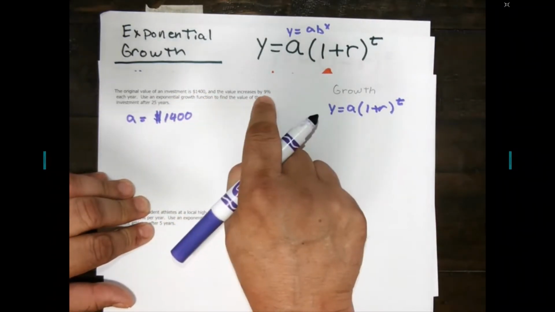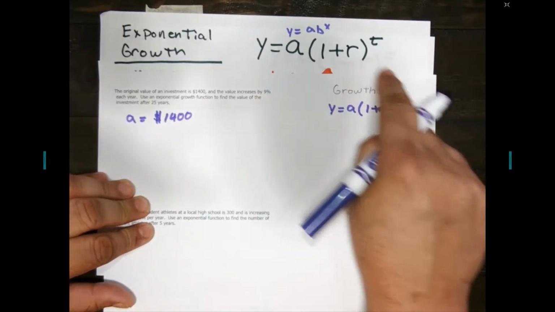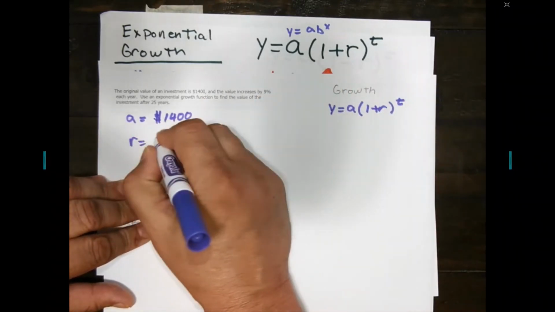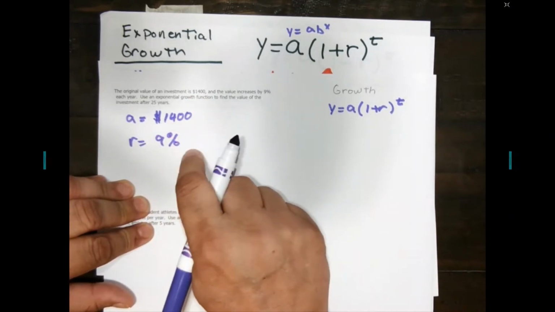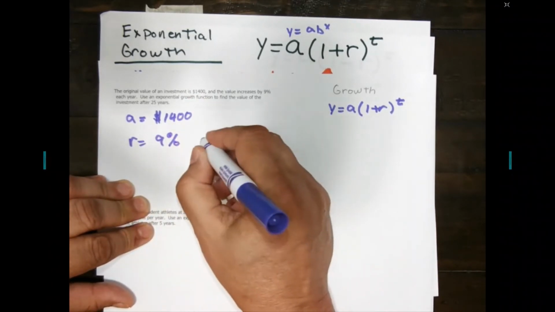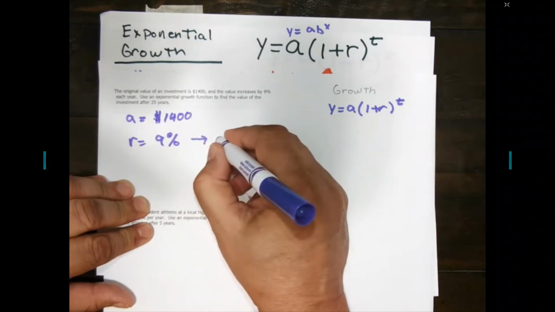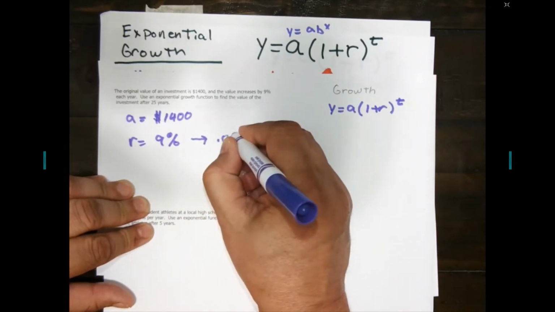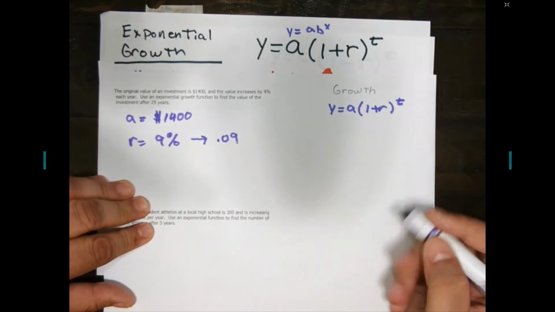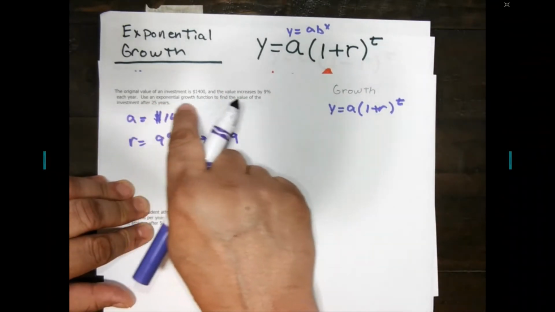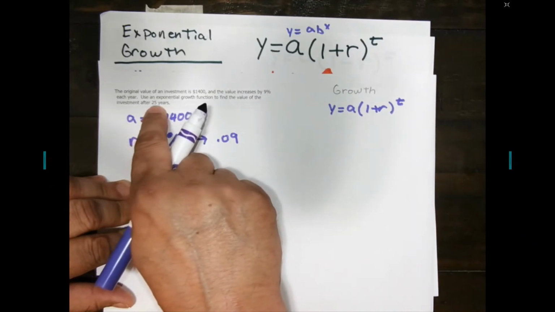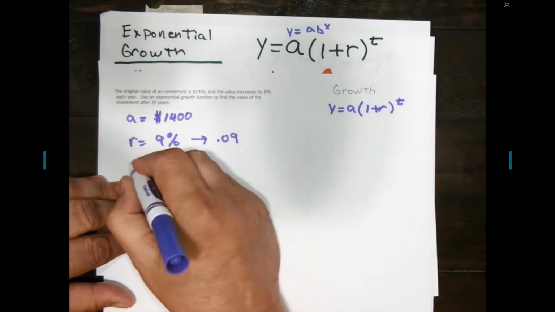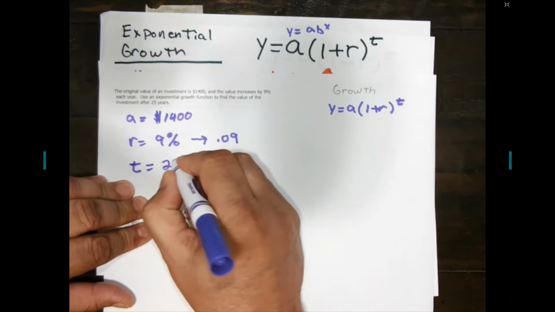And the value increases by 9%. So R, my rate, equals 9%. And here's the key. Remember, this is in percentage. You have to put it in decimal form, so I have to divide by 100. So that ends up being 0.09. And T: use the exponential function to find the value of the investment after 25 years. Well, 25 years is my time, so T equals 25 years.